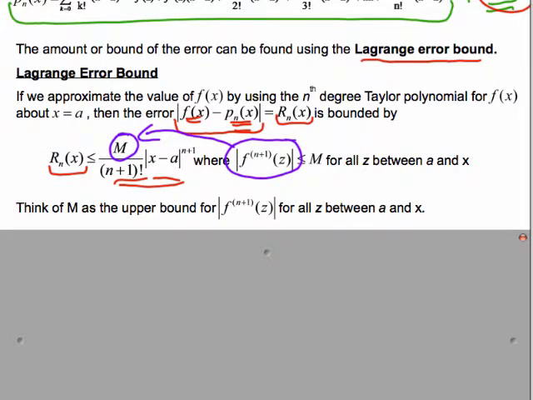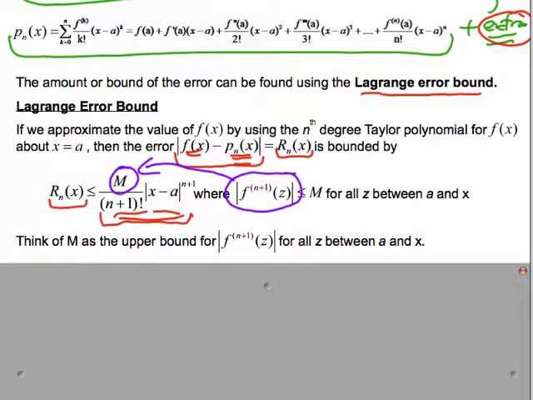Now this looks quite complicated, so let me just try to break this down. The way I like to think about this formula is that it's basically the same as the first term that's not included in our estimate on our Taylor polynomial. So you'll notice how with your Taylor polynomial your last term would be this. Your n plus first term would be this formula if you take a look at it.